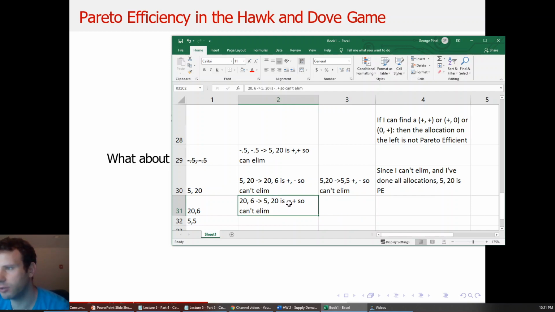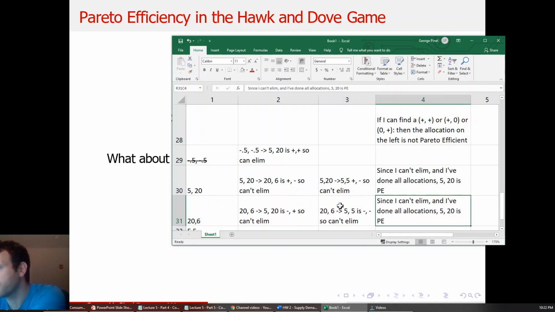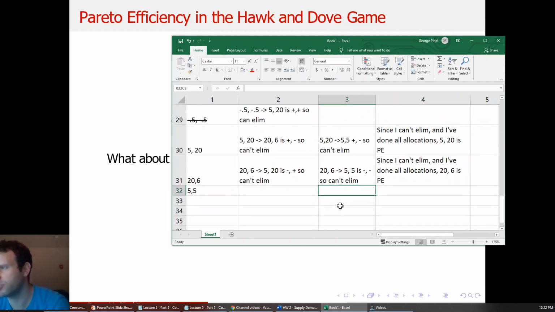So Stankonia loses. Okay, so you have a minus plus. Stankonia loses, Riggedy Row gains, so you have a minus plus, so you can't elim. What about 26 versus 5. That is minus, minus, so can't elim. So since I can't elim against both allocations, I've checked both allocations, 26 must be Pareto efficient.